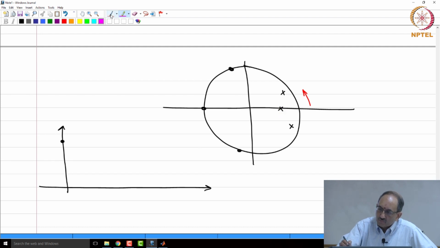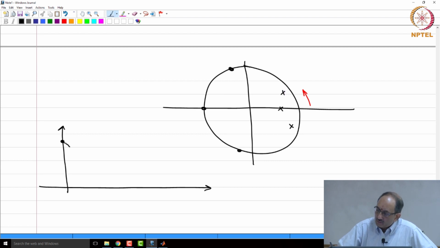If I move away from the pole, the gain, will it increase or decrease? It will decrease. Therefore, the gain will start to decrease. I keep going along. When I keep going along, I encounter this pole, which means when I approach this pole, the gain should again start to increase.